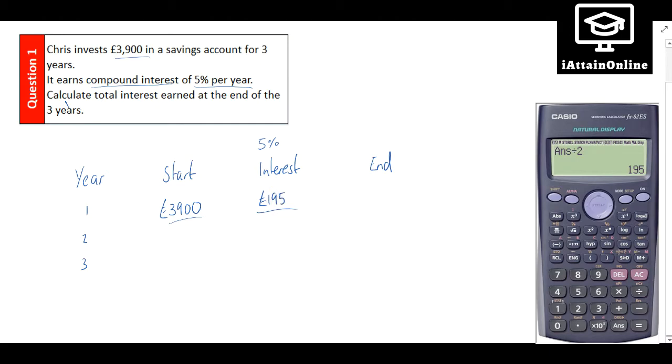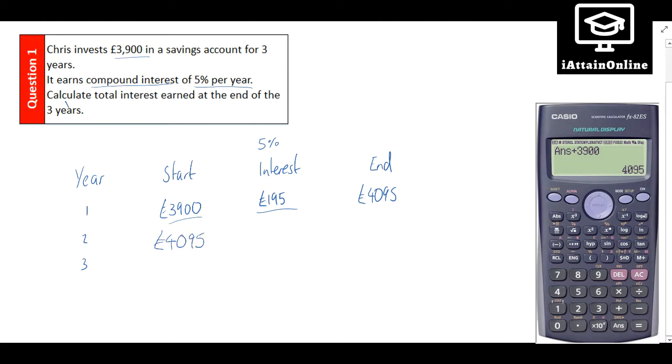And then all you're going to do is add to that whatever he had at the start, 3,900, and that's going to tell you that at the end of the first year he's going to have £4,095.